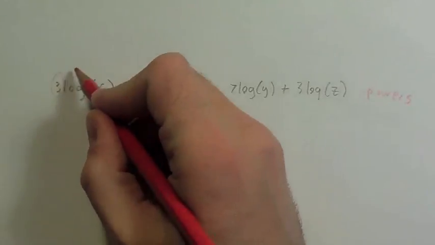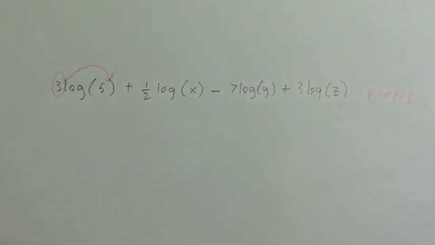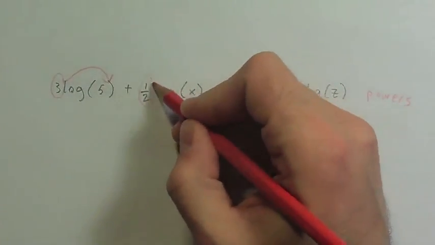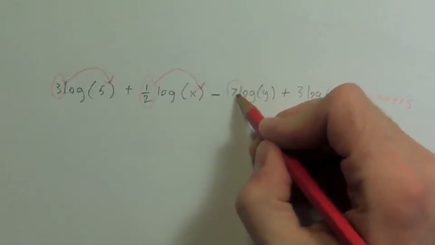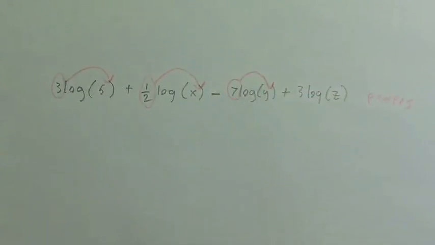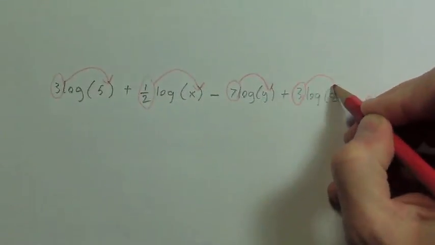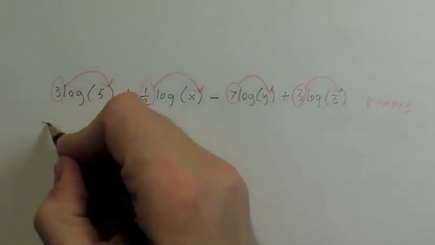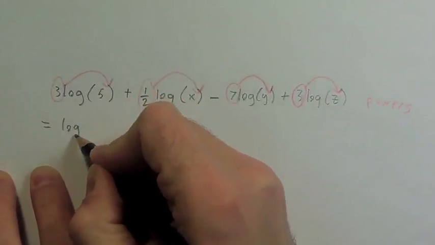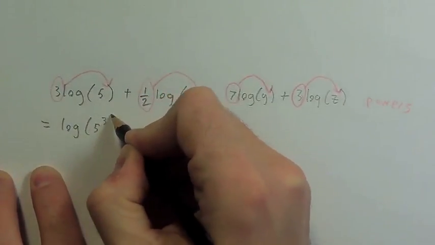This 3 log 5, I'm going to bring that in. This 1/2 log x, I'm going to bring that up. This 7, I'm going to bring up. This 3, I'm going to bring up. Make every number on the outside come into the logarithm and become an exponent. So this will be log of 5 cubed.